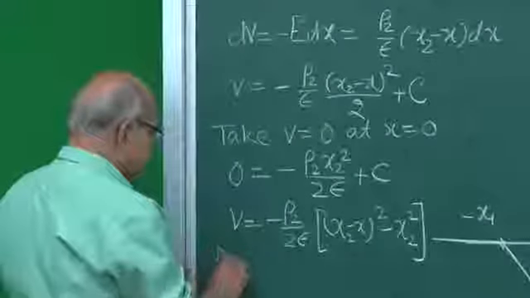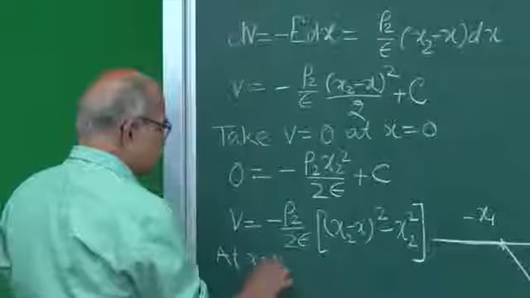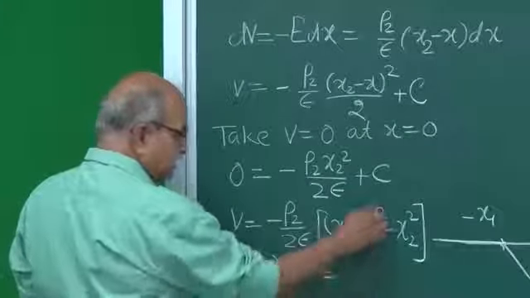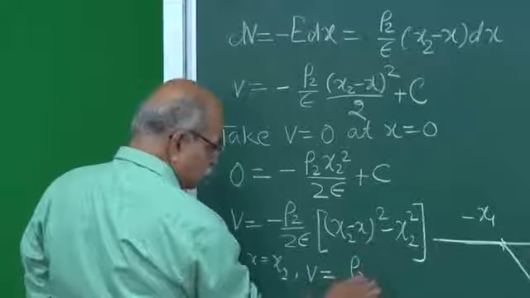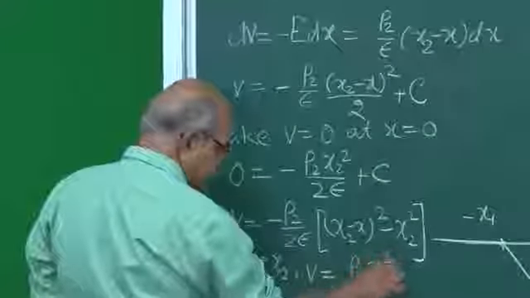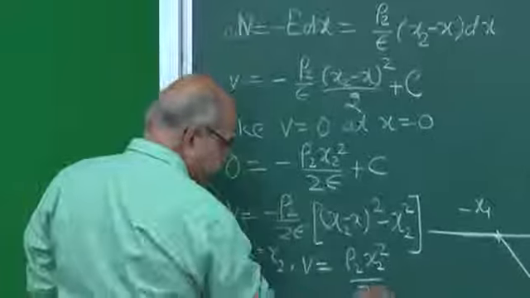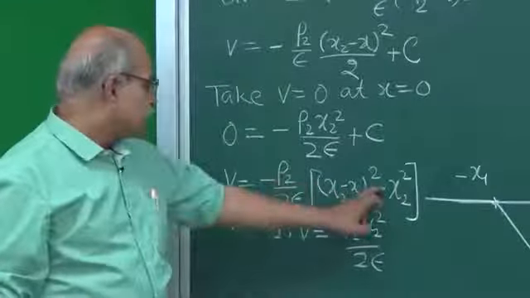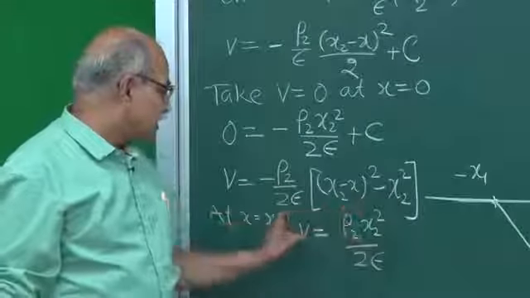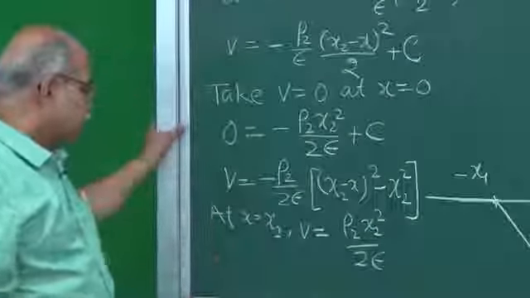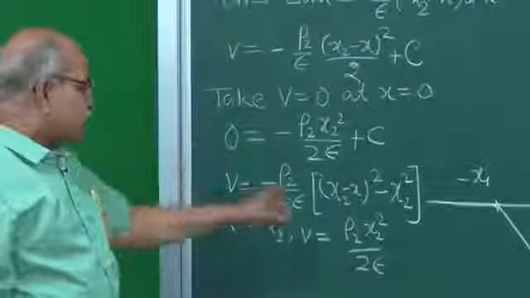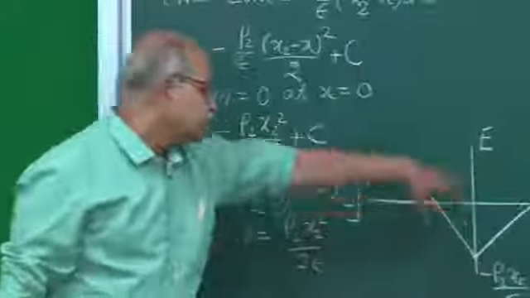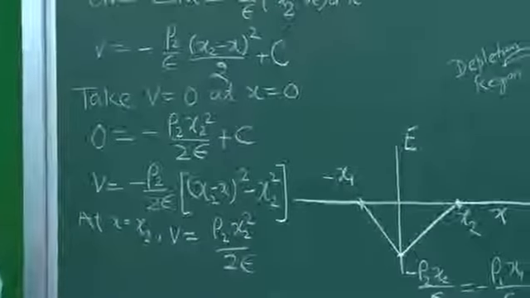At x equal to x2, this goes out, so it will be rho 2 x2 square over 2 epsilon. You put x equal to x2, so this is 0, this is plus rho 2 x2 square by 2 epsilon. It's a quadratic function. It should be. If the electric field is linear, then the potential has to be quadratic.